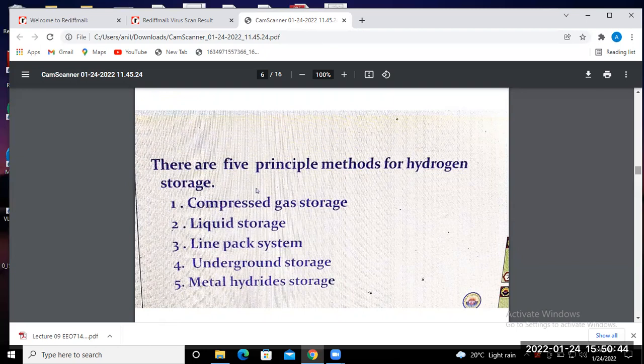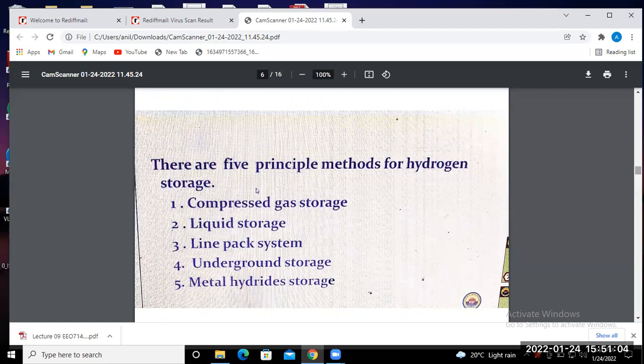We will see one by one: compressed gas storage, liquid storage, line pack pipe system, and underground storage. And the last one is metal hydride storage. Just see one by one their explanation.